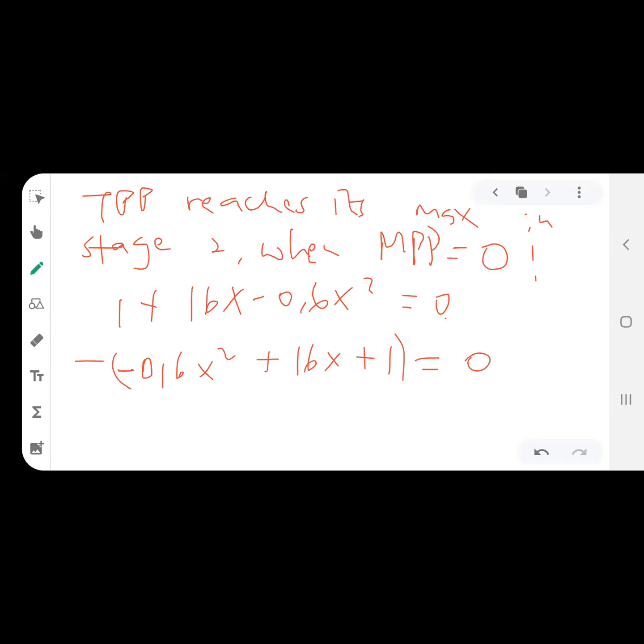Negative times negative is positive, and the 16x becomes minus, because this minus multiplies the plus, you get the negative. So 0.6x squared minus 16x minus 1 equals 0. Then you have solved the problem.